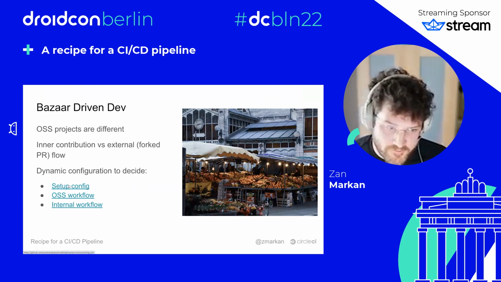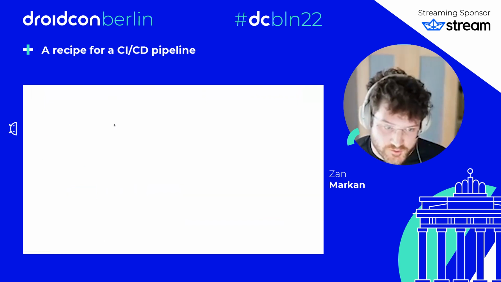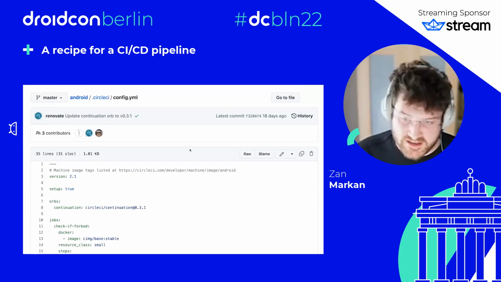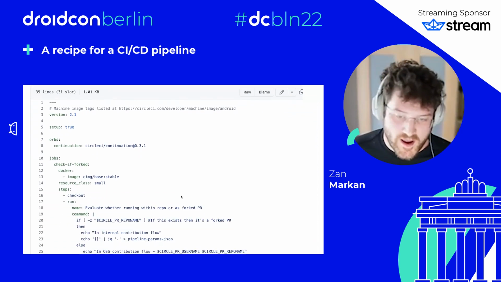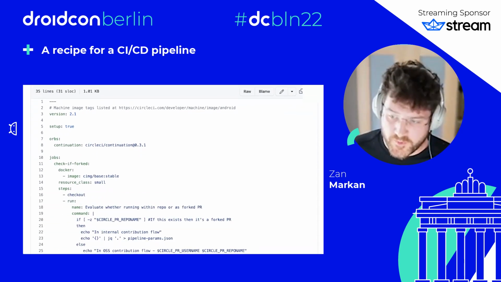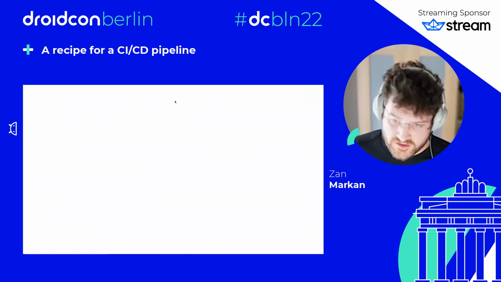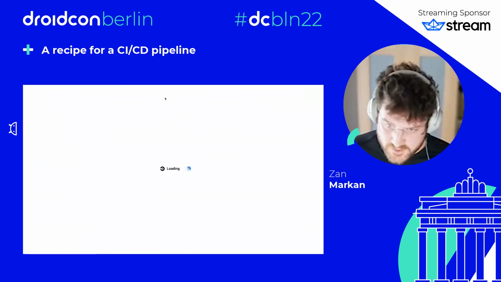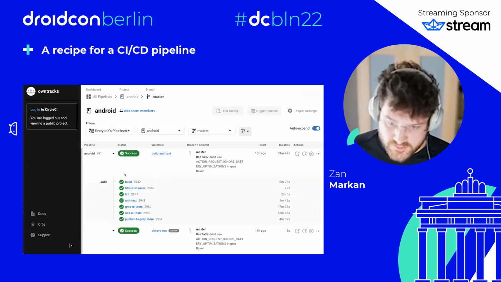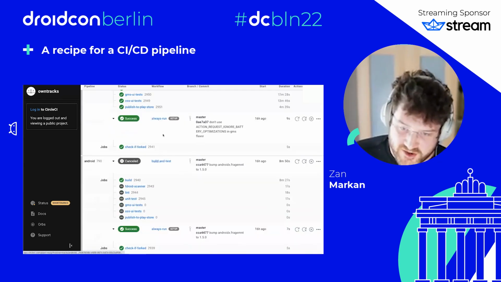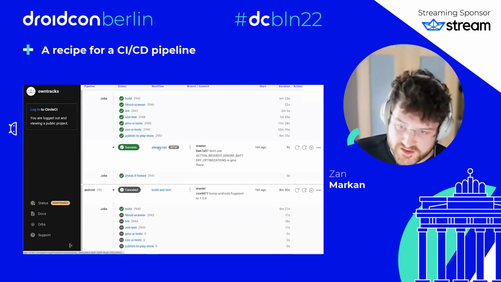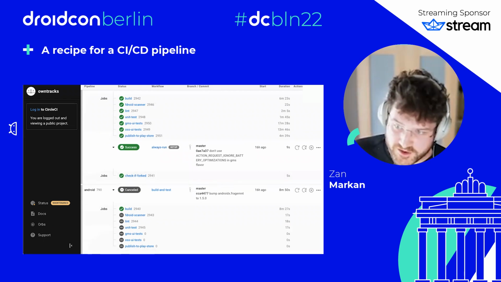What we use to do this is called dynamic configuration, which basically pre-evaluates a pipeline when we're starting it. Actually, let me go to my pipeline. So you can see in this dashboard that we've run this always-run workflow, which checks if the PR is forked.